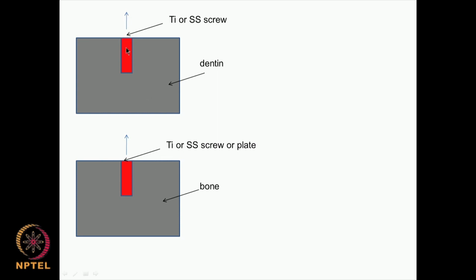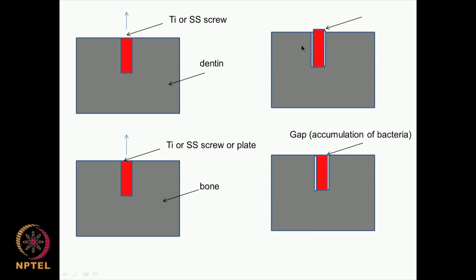If these screws face a tensile force, there could be a small elongation because of the tensile force, as we saw. So conversely, there could be a small contraction in their diameter also because of the Poisson's ratio, because for metals the Poisson's ratio is almost 0.4. So if there is a contraction, you may have a situation like this.